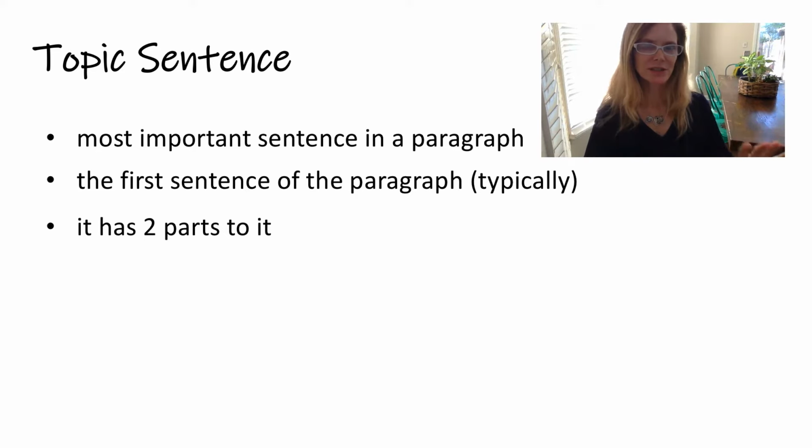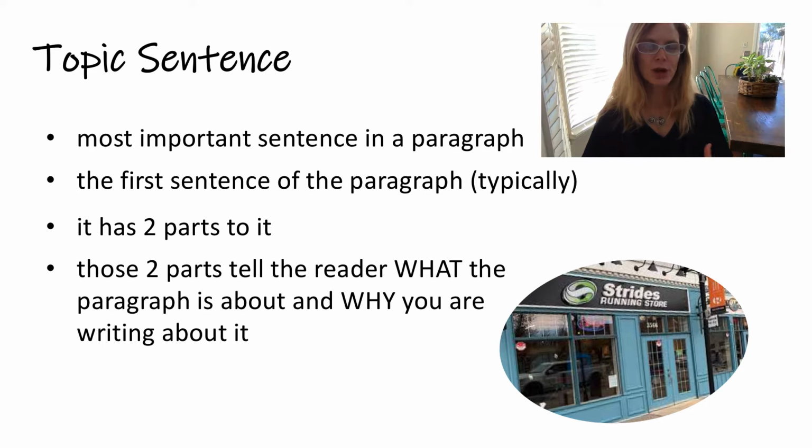Now, the topic sentence is typically the first sentence of the paragraph. 90% of the time, this is the case. And probably for you, as you begin writing, this will always be the case. So you remember your first sentence will most likely be the topic sentence. Now, the topic sentence has two parts to it. So those two parts tell the reader what the paragraph is about and why you're writing about it. Remember the running store. We know what that store is because of the sign, and we know why they have that store. They have that store to sell running things to people who like to run or who are runners.